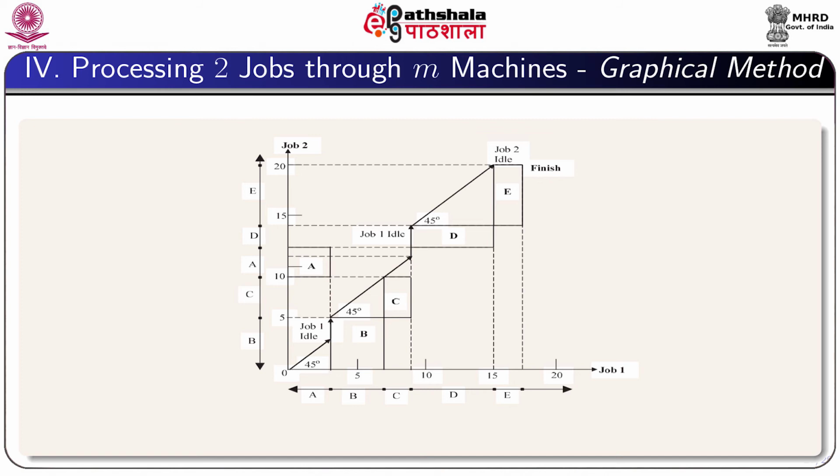And the figure shows that we start from the origin O and then we have to reach the finish point, but that we can do by moving horizontally or vertically.